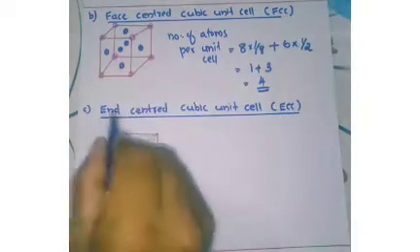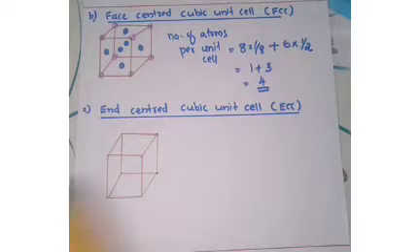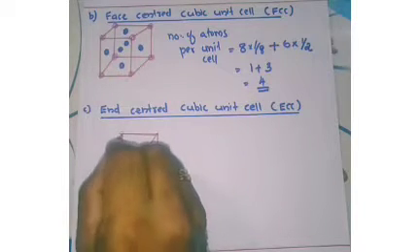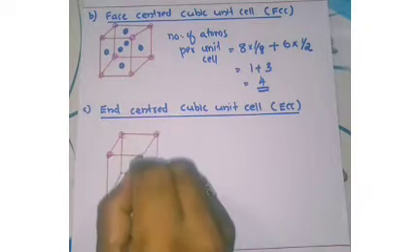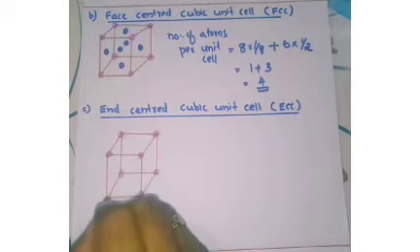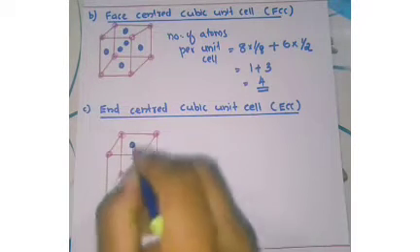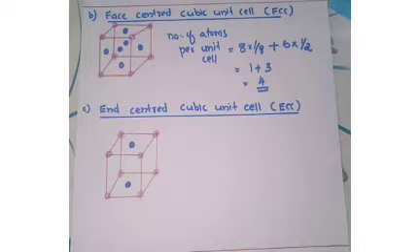Then the third one, end-centered cubic unit cell, ECC. Here atoms are arranged at the 8 corners of a cube and at the opposite faces, or end centers.